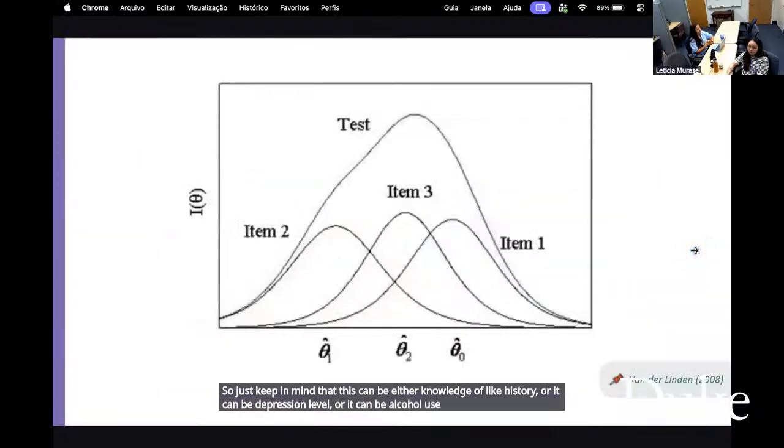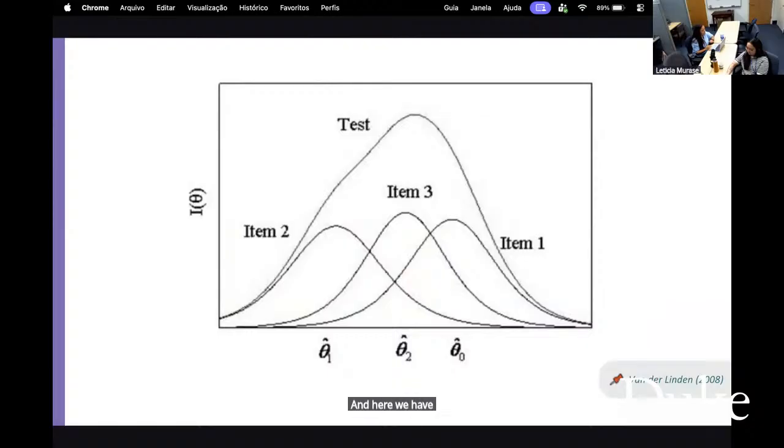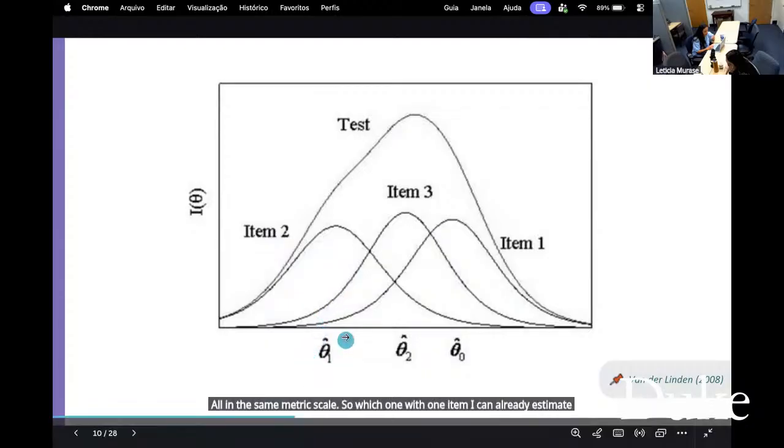And here we have a slightly more complex figure because we have the curve of the test, but we also have similar curves for each of the items, all in the same metric scale. So with one item, I can already estimate the level of ability of an individual.